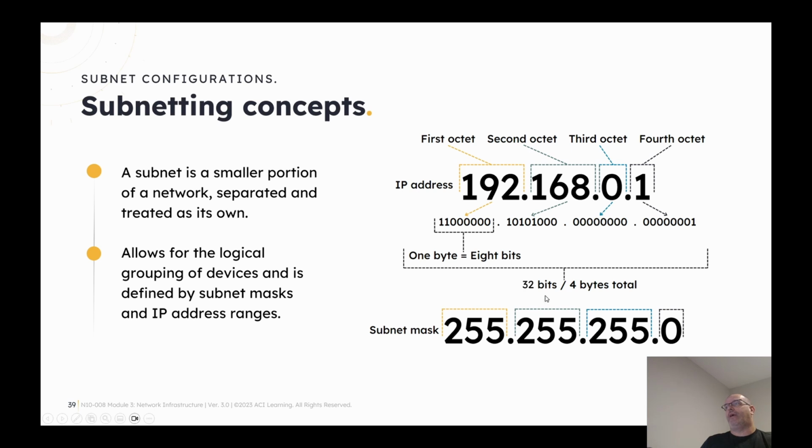Okay. And the way it does it is, from a binary standpoint, anytime it's all ones, then it equals network. Anytime it's a zero in a subnet mask, it tells you that that is the device part. Okay.